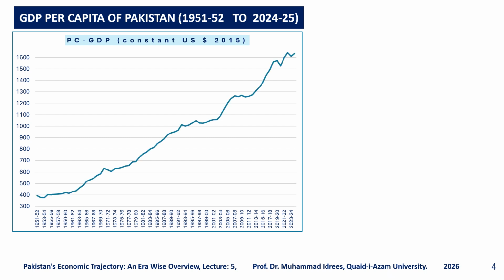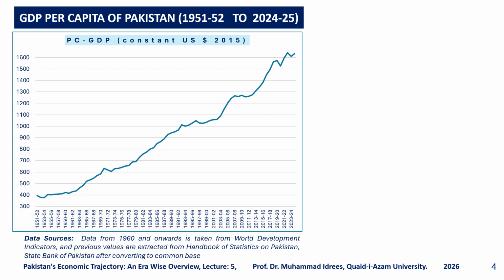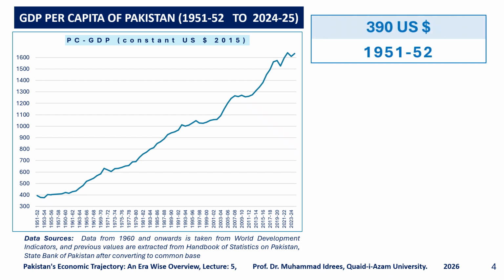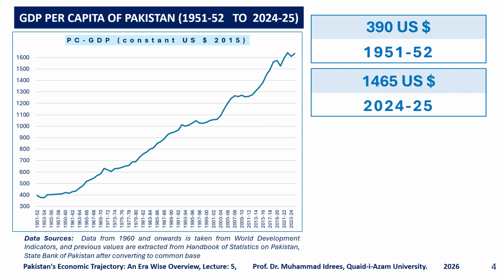The graph is showing almost a similar trend, that in general per capita GDP of Pakistan is increasing over time. In 1951-52, the per capita GDP of Pakistan was 390 US dollars. And it increased to 1465 US dollars during 2024-25.